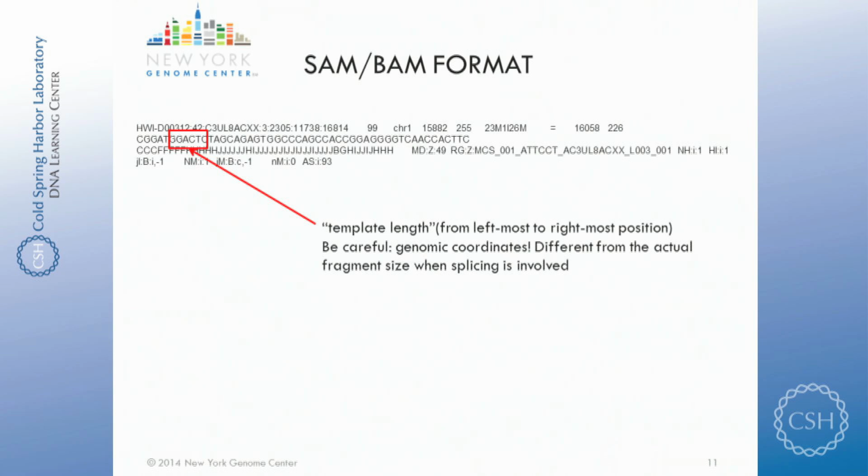And you have to be careful because here we're talking about genomic coordinates, and that's different from the fragment size, which can be in transcriptome coordinates. Okay, they're coming from the transcriptome. So you can have a fragment of a few hundred nucleotides on which the genomic coordinates are 10 kb apart, because there is an intron in between.